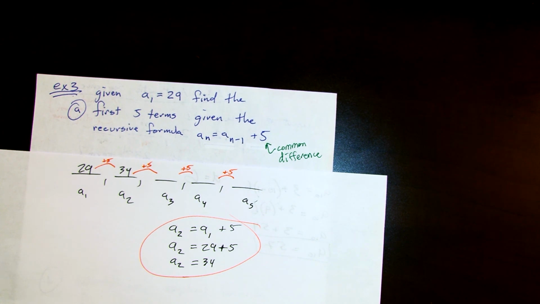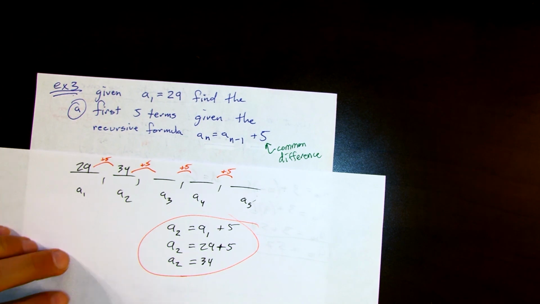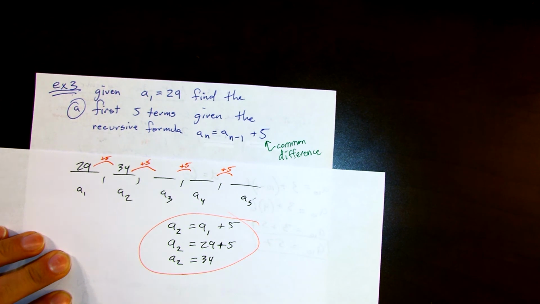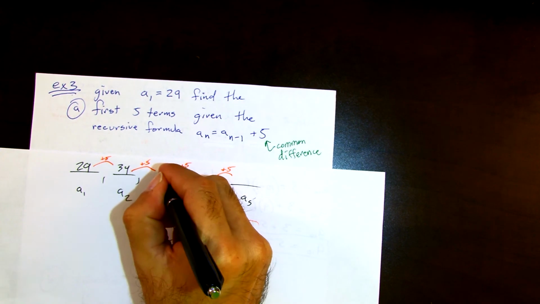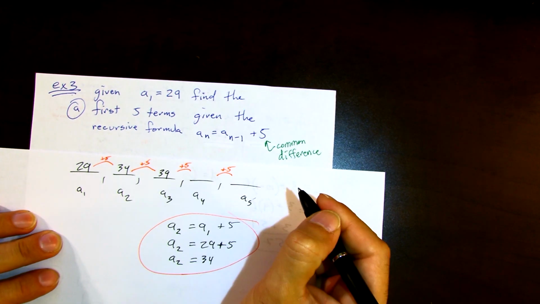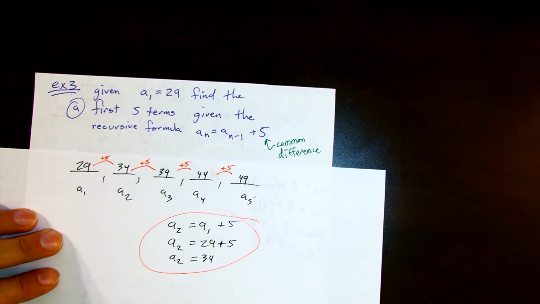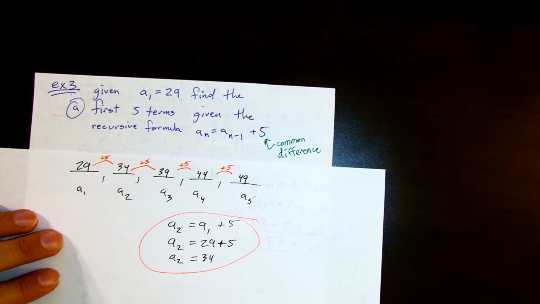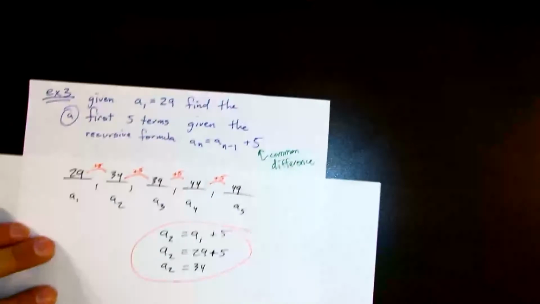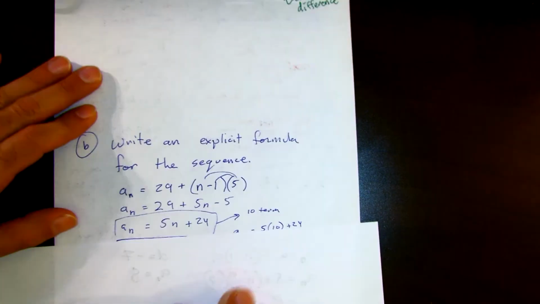All right, 34 plus 5. We're going to get 39. Plus another 5, 44. Plus another 5, 49. Okay. Are these going to be hard problems if you have to do that? It's not so bad, right? Nah, it's not so bad.